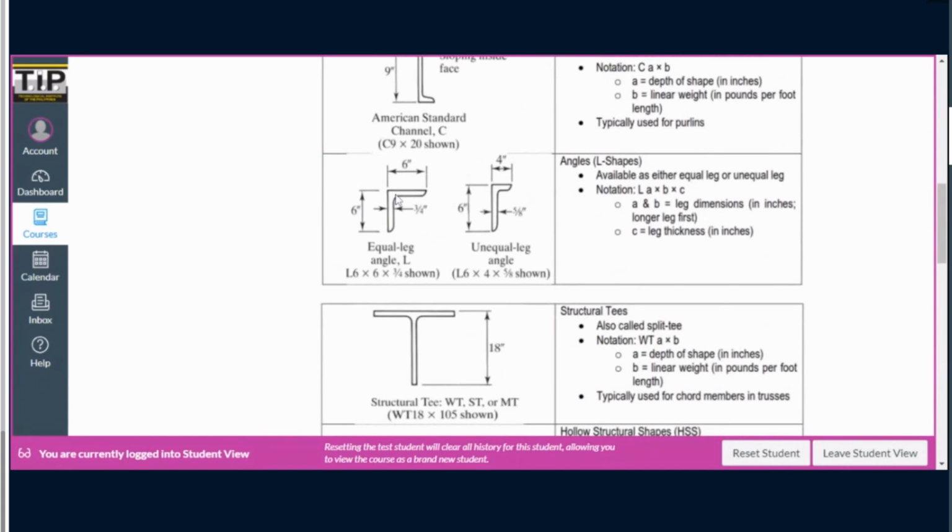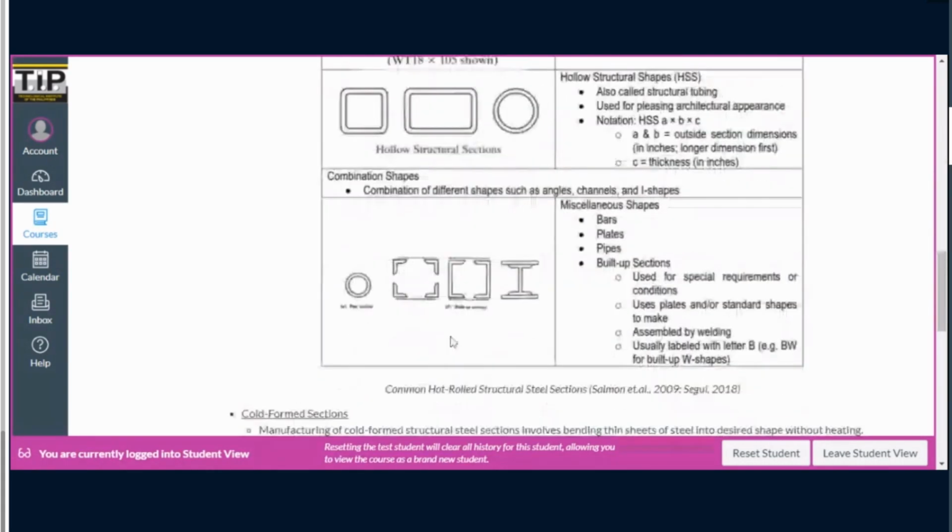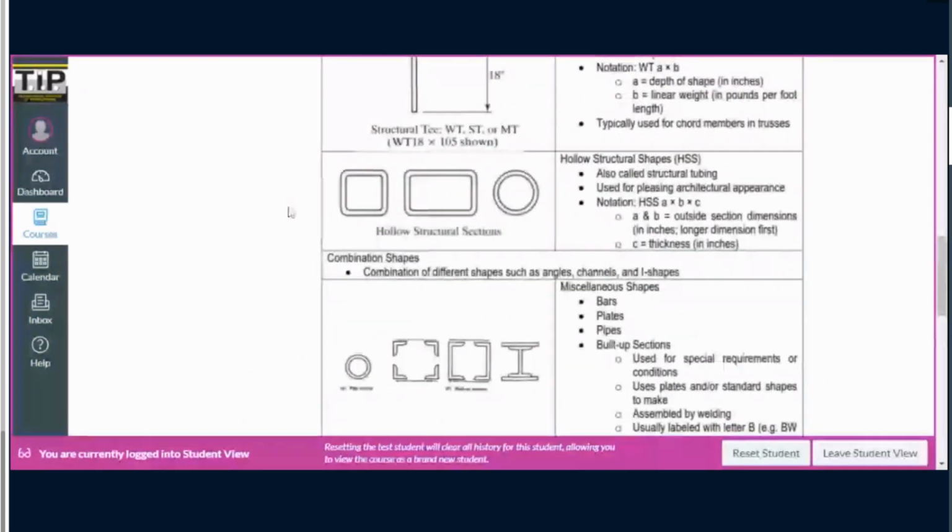So meaning you have an angle here and you have an angle on the other side. So that is considered as one member. One member, but it has two sections. No? So same thing with the channels, or a channel and an angle, you may combine them. No? So you can also find some examples of combination shapes in the CSiSteel handbook. Okay.